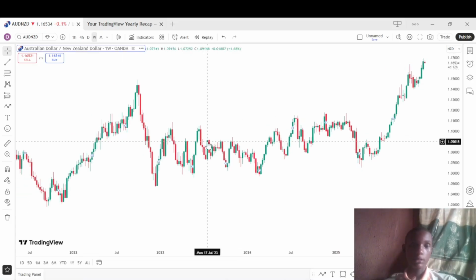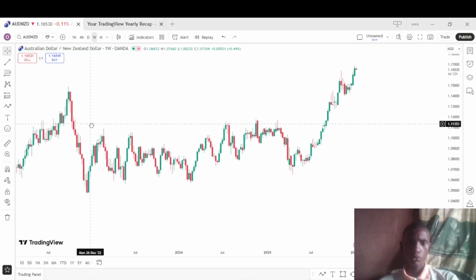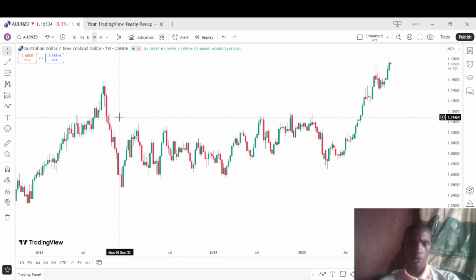This is where we plot our major levels, our trend lines, our support and resistance, and lots more. I'm going to start with support and resistance, and teach you how to draw it.